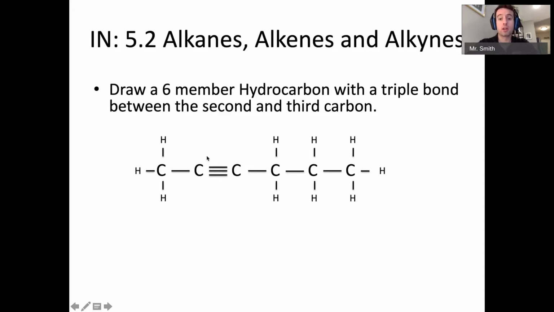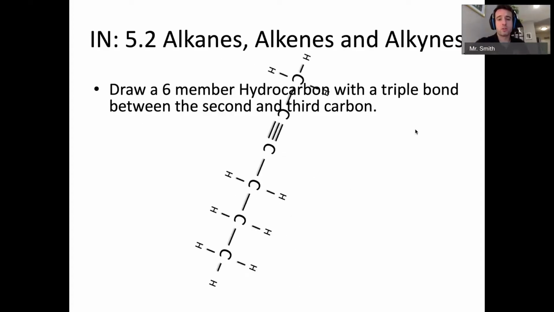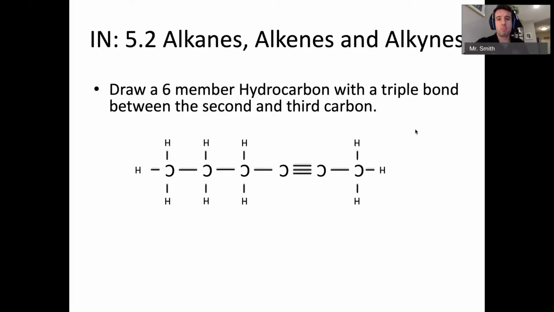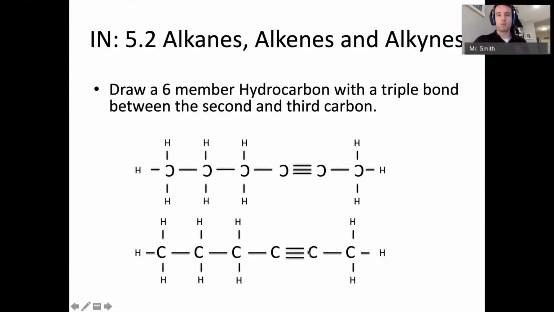Now, you could have drawn it like this, and that would be perfect. But remember, these objects can turn and rotate in three dimensions because they're three-dimensional objects. So if we rotate it, depending on which way you're looking at it, whether you're looking at it like this or you've turned around and you're looking at it like this, you could also say that the second carbon would be this one right over here.